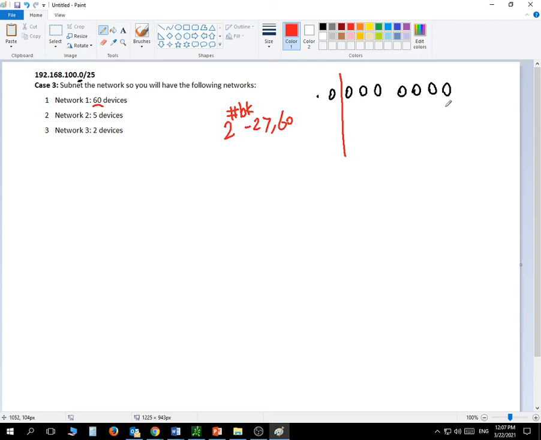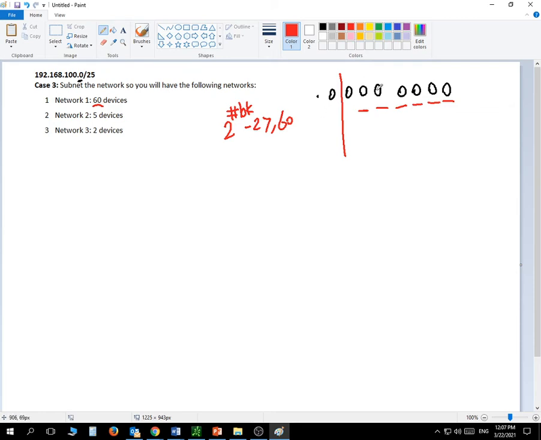Now this is a case where you have to go and check one by one. 1 is not enough, 2 is not enough, 3 is not enough, 4 is not enough, 5 is not enough, because 2 to the power of 5 is 32. 32 minus 2 is 30. And we have to go to the sixth one. 2 to the power of 6 is 64, minus 2 is 62.